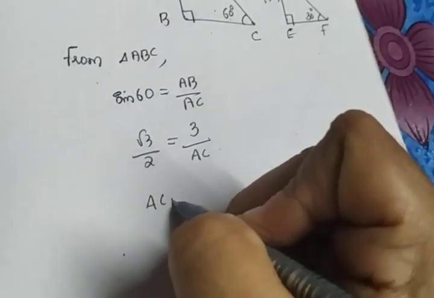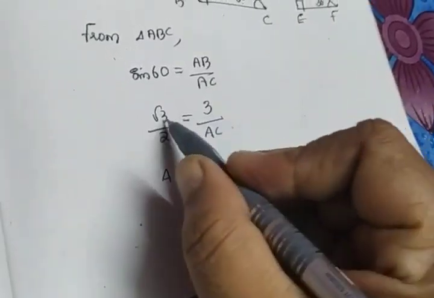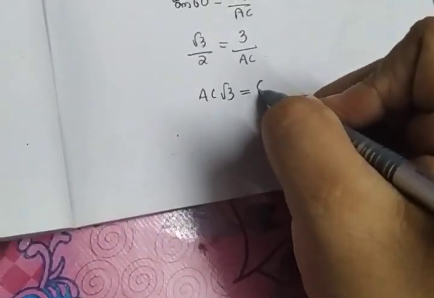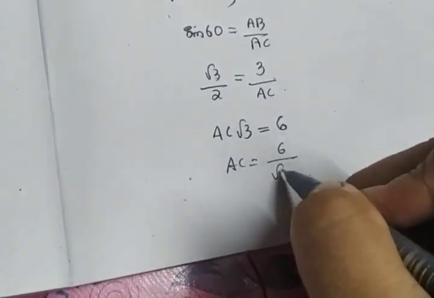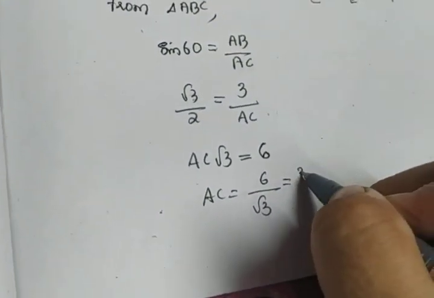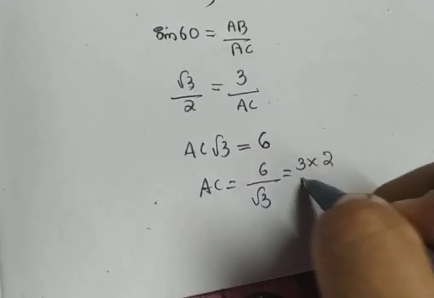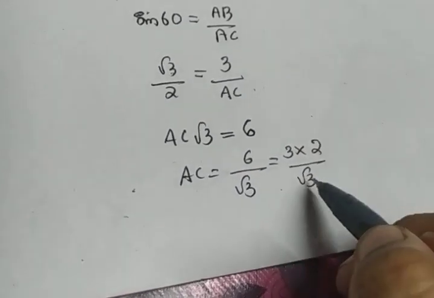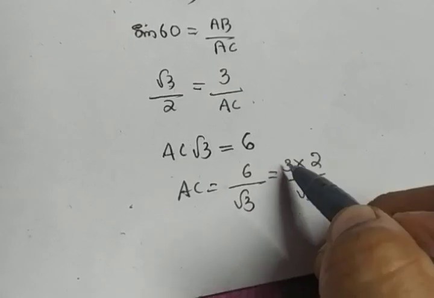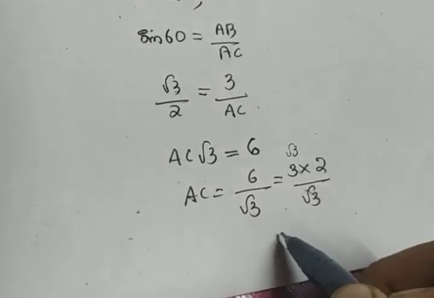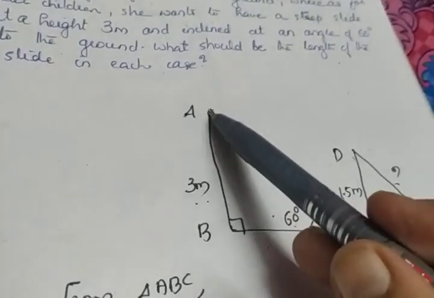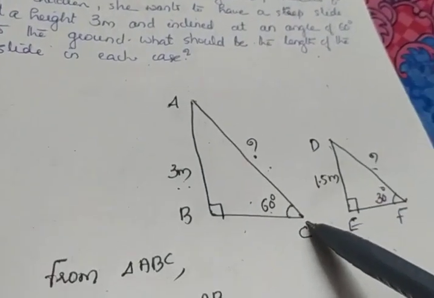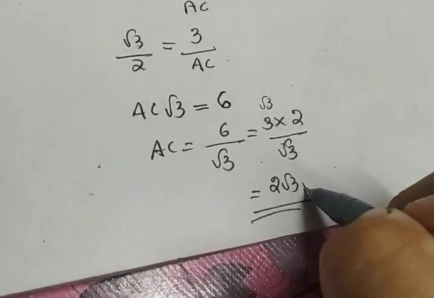So AC into root 3, when cross multiplied, AC into root 3 will give you 6. So AC is equal to 6 divided by root 3. Instead of writing 6 as 6, I can rewrite it as 3 into 2 by root 3, just to simplify. So 3 and root 3 get cancelled, giving you the balance as root 3. And so the length of AC, that means the length of the bigger slide is 2 root 3 meter.